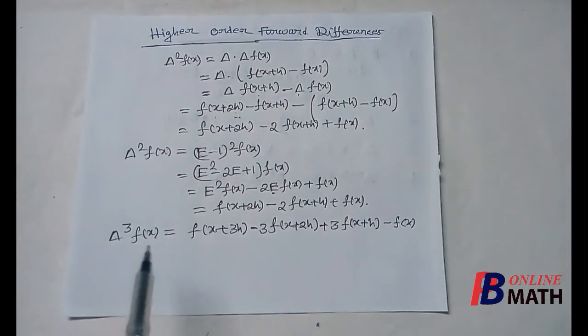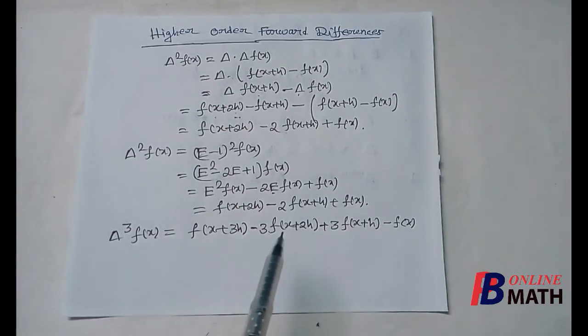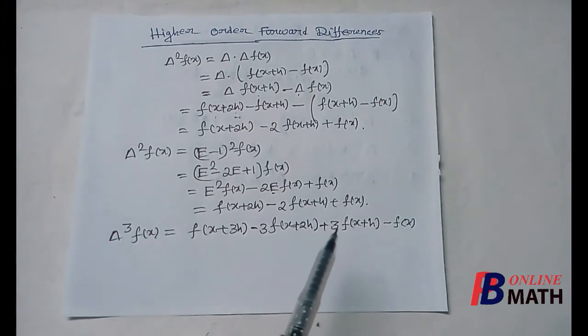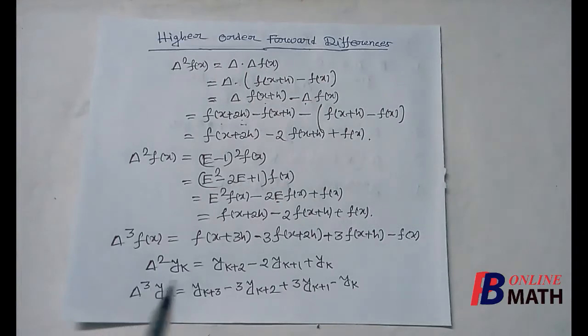Now we can check that the third order forward difference of f(x) can be found as f(x plus 3h) minus 3 into f(x plus 2h) plus 3 times f(x plus h) minus f(x). Now in the language of arguments, if we apply delta square on y_k, we shall get y_(k plus 2) minus 2 times y_(k plus 1) plus y_k.